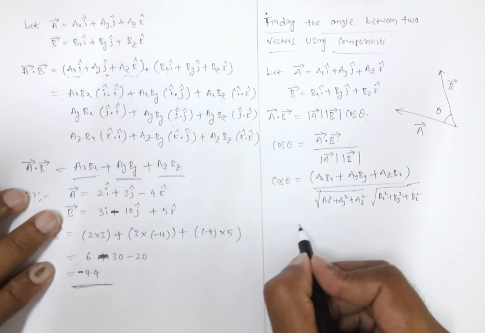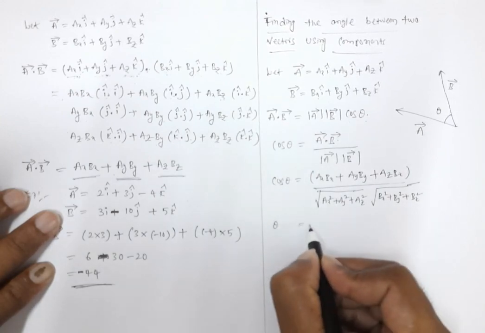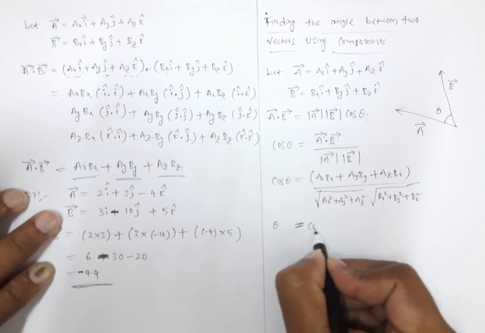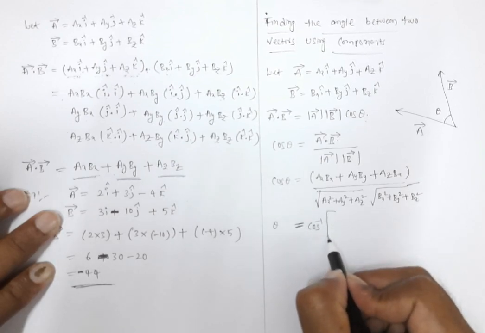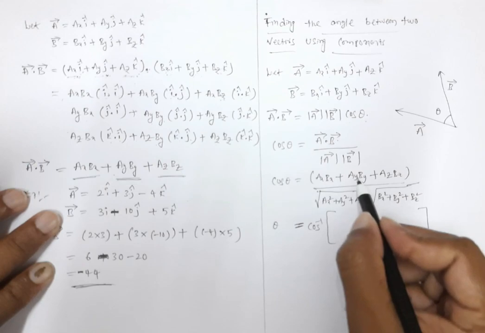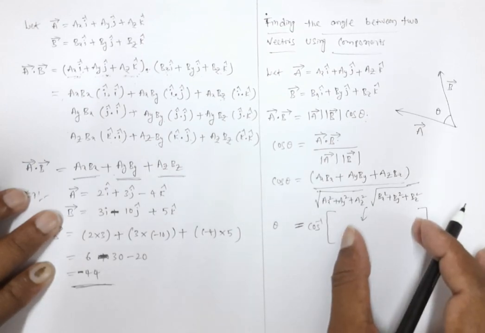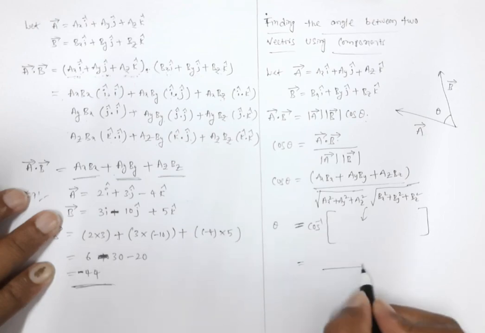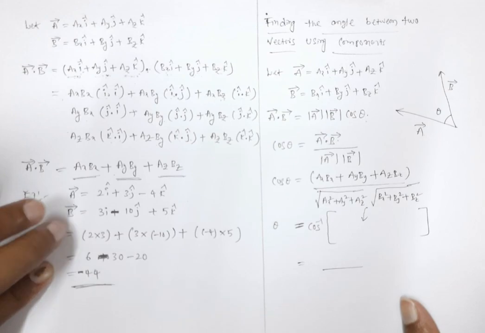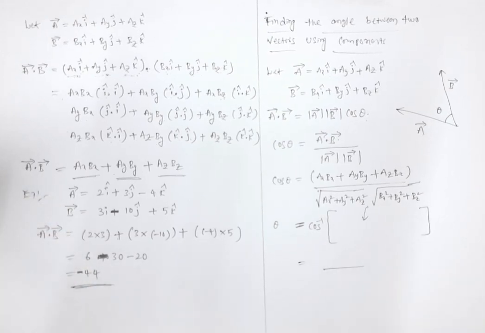After getting that, theta is equal to cos inverse of the whole term. We get some constant, so cos inverse of that value gives the angle between the two vectors a bar and b bar. So this is the way we find the angle between two vectors using components.